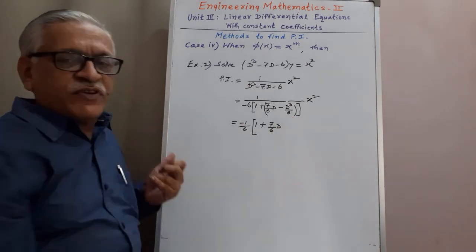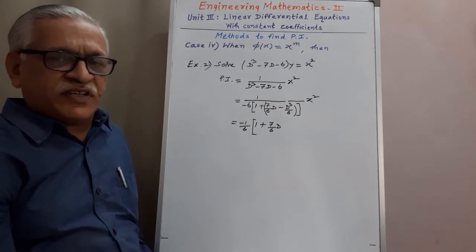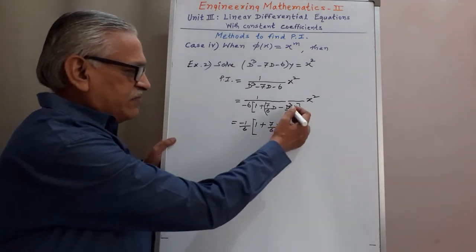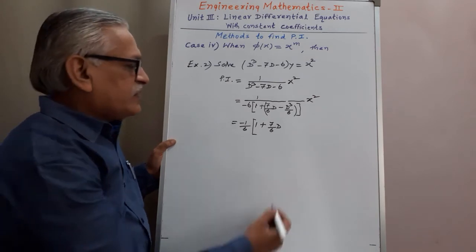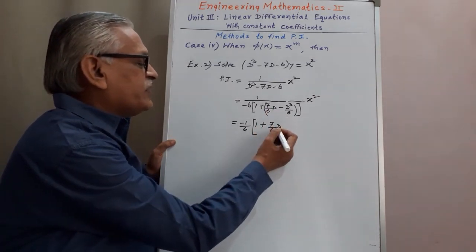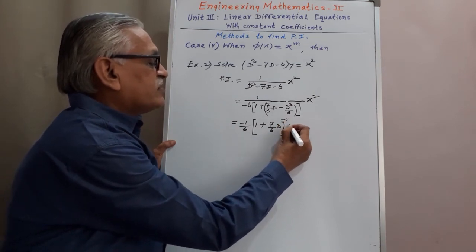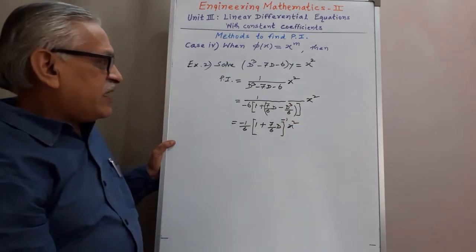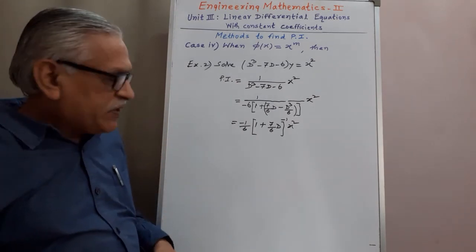Therefore, that D cube term we can neglect here itself, or after expansion also. Here I am neglecting it before the expansion, considering only the term of D, raised to minus 1, and then expanding it by the binomial theorem.